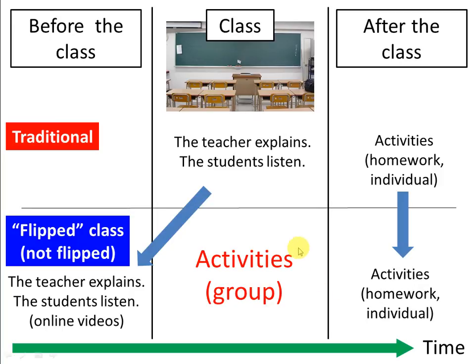And in the class, I think they should do activities that cannot be done individually. If an activity can be done individually, it should be done individually at home, I think.